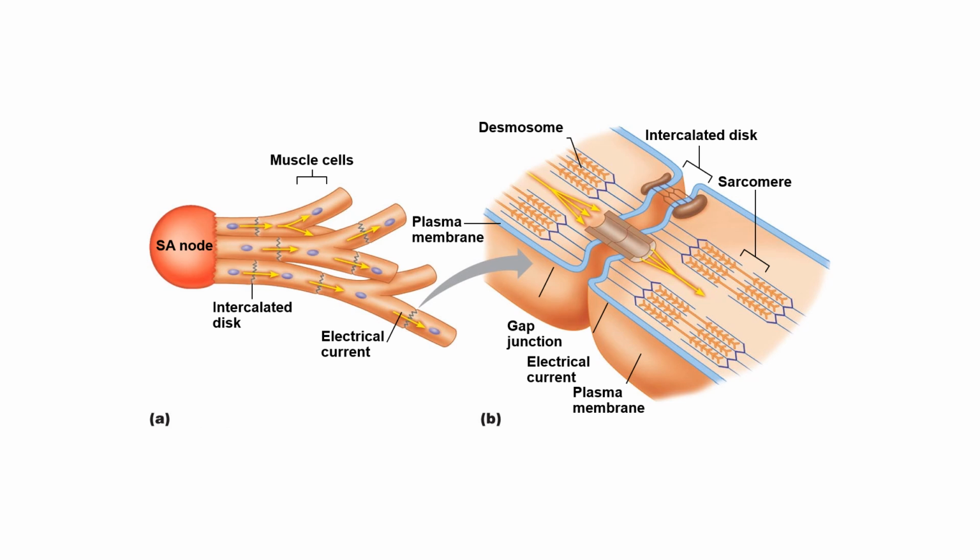Okay, here's the SA node, which really, this should be a depiction of more cardiac muscle fibers. All right. What do the SA node fibers do? They generate their own action potentials. And what happens? When the SA node fibers generate their own action potentials, the action potentials propagate down the SA node fibers. And then what happens?